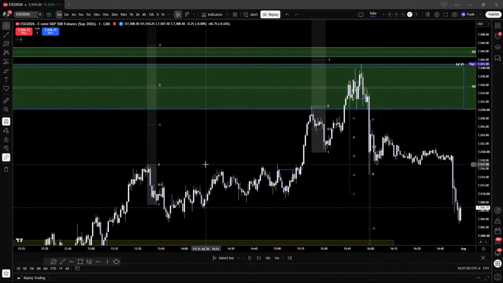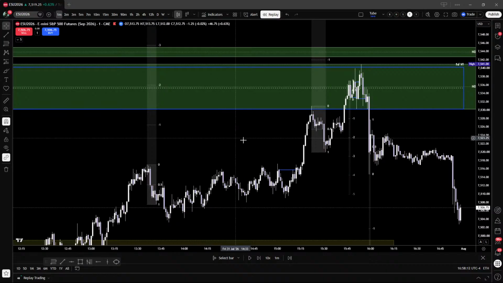That's still a pretty good range for ES. It used to be that a 5 point trade on ES was a pretty good trade. Now 5 points, what's that? Peanuts.